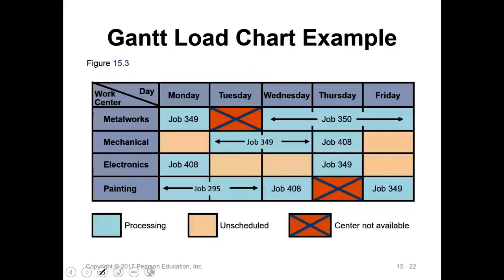This is an example of the Gantt chart, and now we see these different colors. The yellow color represents unscheduled. That means you still have some open time. The light blue color shows the job is already assigned.